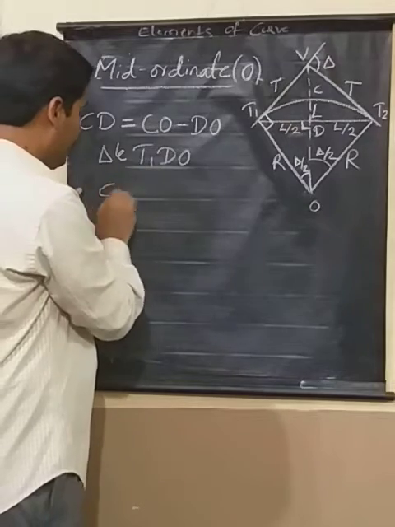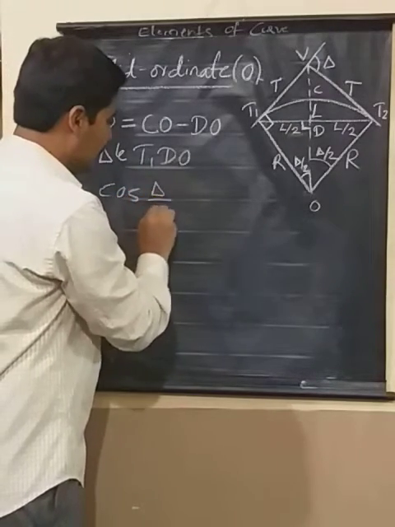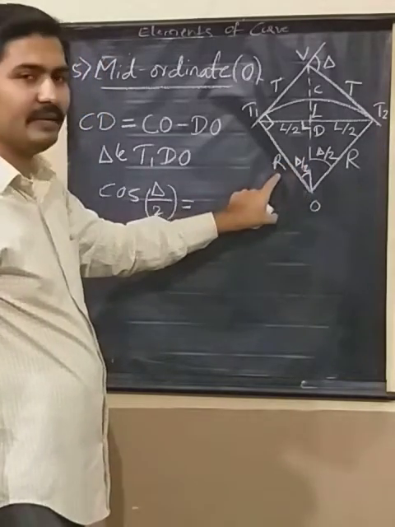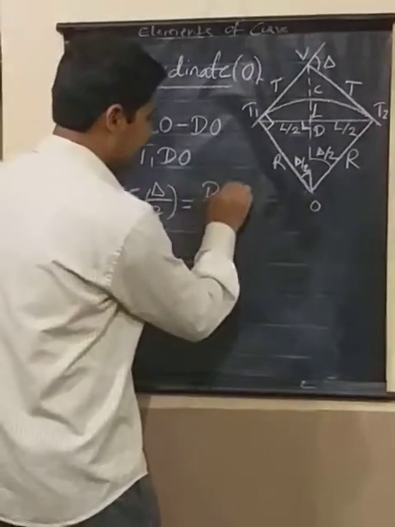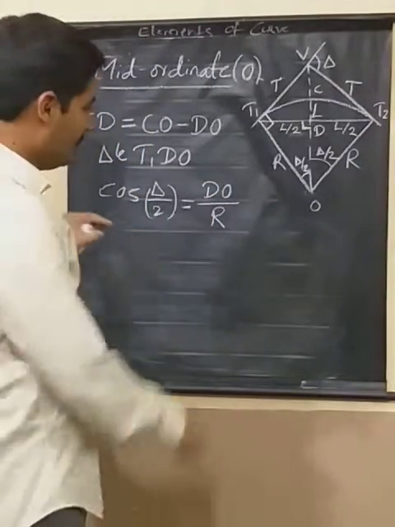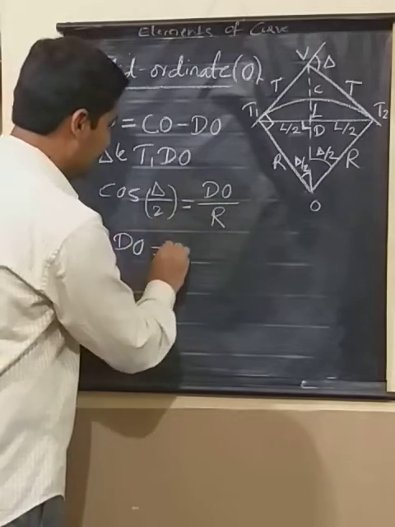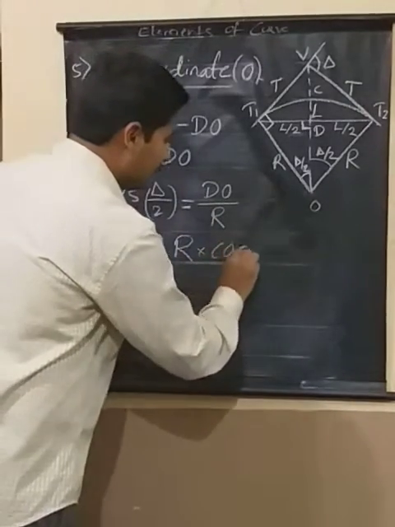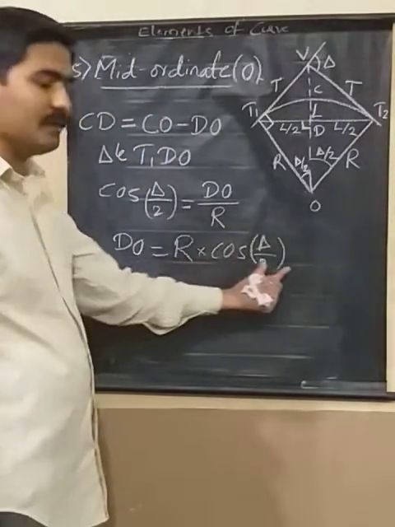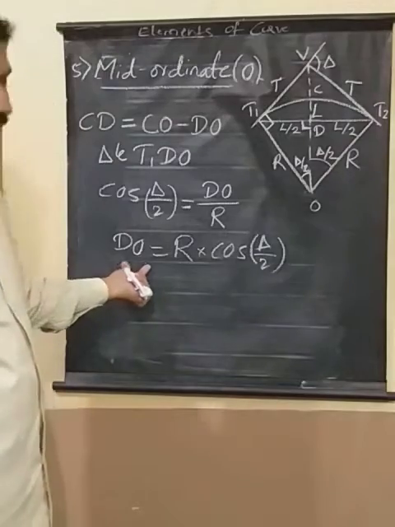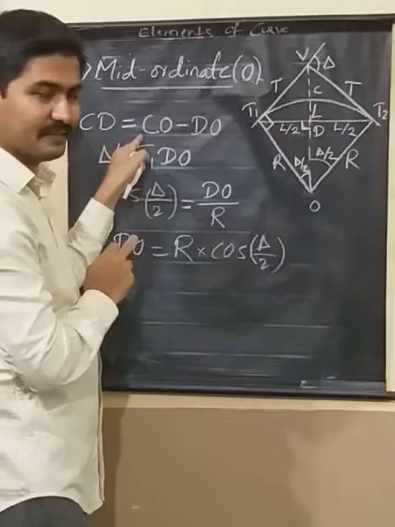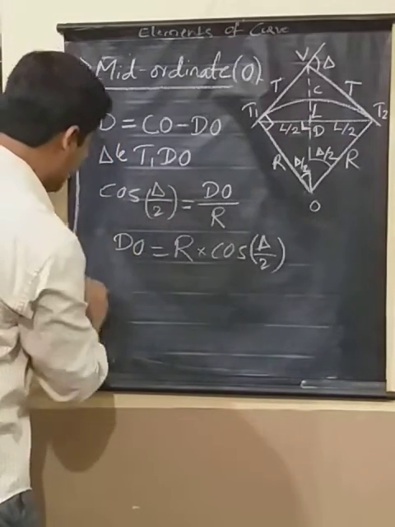In this triangle, cos delta by 2 means adjacent divided by hypotenuse. Adjacent side is DO, hypotenuse is R, isn't it? So if I want DO, it will be R cos delta by 2. Clear? So R cos delta by 2 is DO. This I am going to substitute here because CO is R itself, the radius.